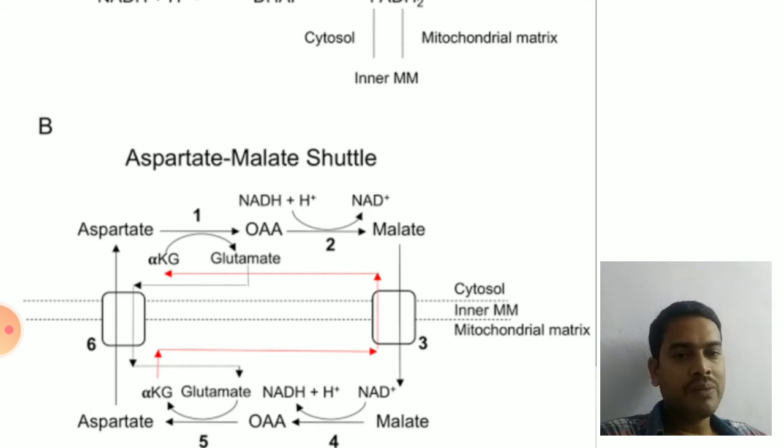Oxaloacetate is not permeable. So this is the malate aspartate shuttle.